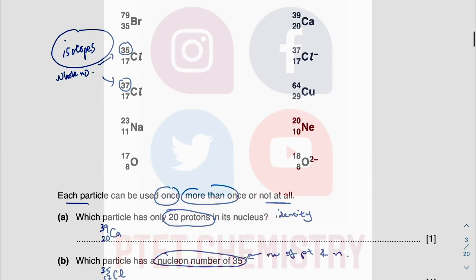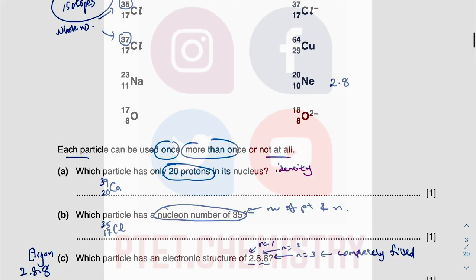In this table there is no argon. Neon is a noble gas, but there are only 10 electrons altogether: 2 in the first shell and 8 in the outer shell. So we're looking for 2 plus 8 plus 8, which is 18 electrons in total.